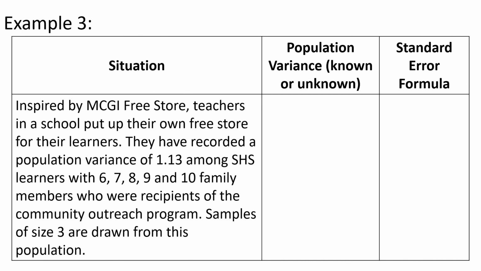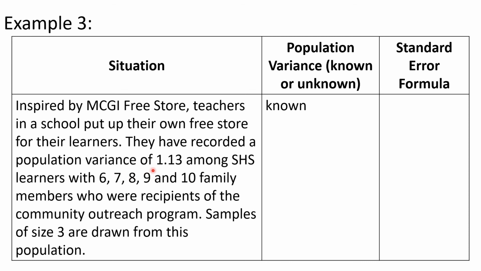Example 3. The situation is, inspired by MCGI Free Store, teachers in a school put up their own free store for their learners. They have recorded a population variance of 1.13 among senior high school learners with 6, 7, 8, 9, and 10 family members who were recipients of the community outreach program. Samples of size 3 are drawn from this population.